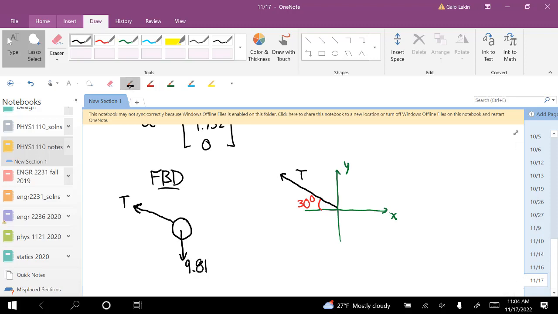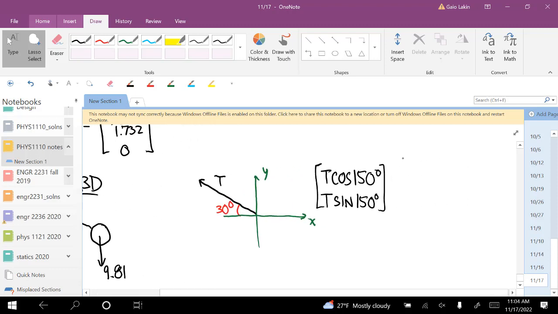Yeah, 150, right. So this is T times cosine of 150, T times sine of 150, which is negative 0.866 T, positive 0.5 T.